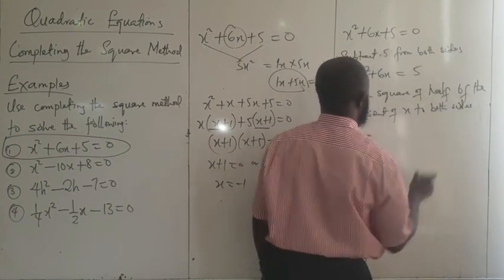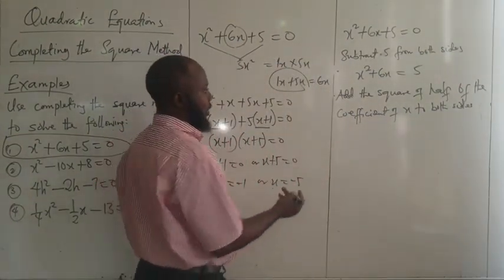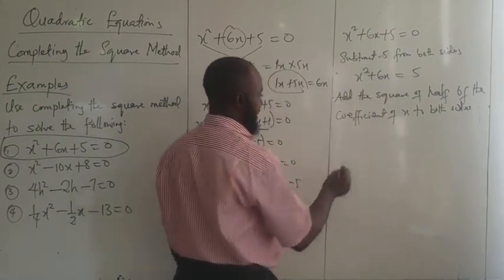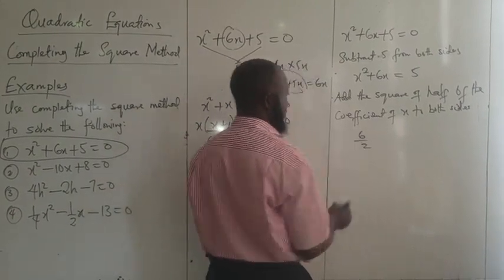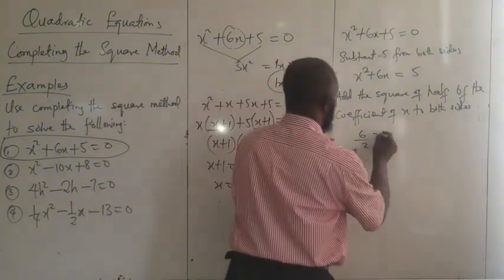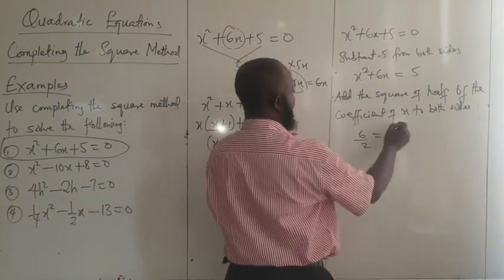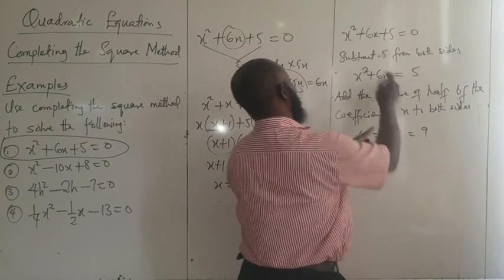To both what? Sides. So what are we going to do now? The coefficient of x here is plus 6. That is 6 divided by 2, the half of it, which will give us 3. Then the square of it will give us 9. So we are adding 9 to both sides.